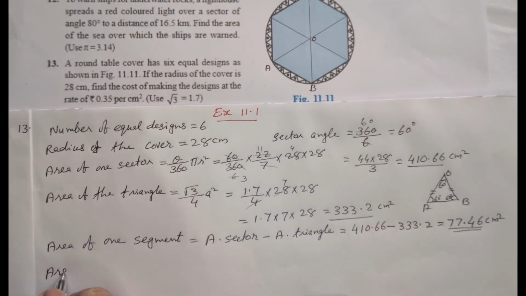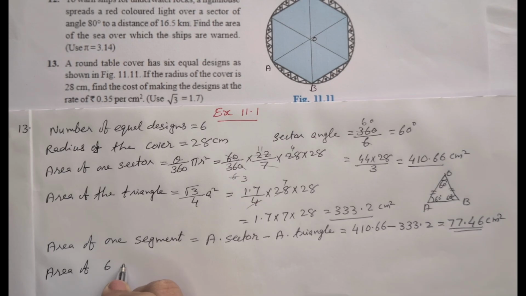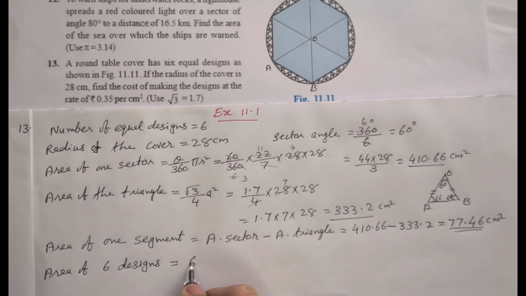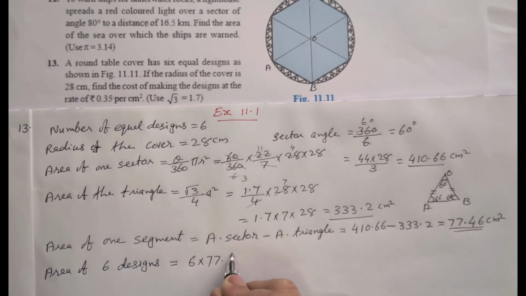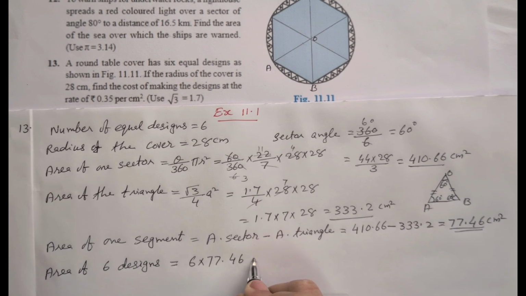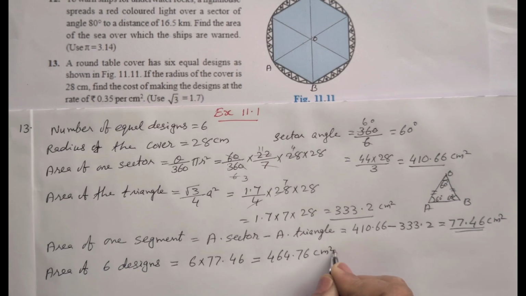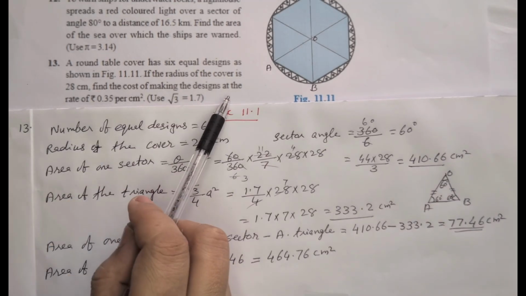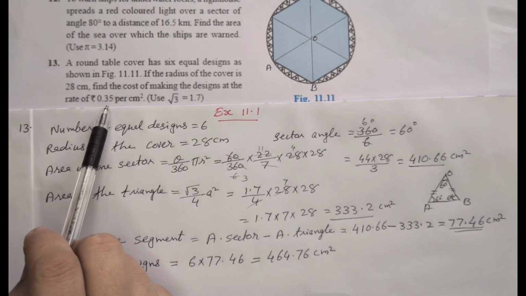So the area of 6 segments or 6 designs is equal to 6 into 77.46, which is equal to 464.76 centimeter square. Now we have to calculate the cost for the design at the rate of 0.35.